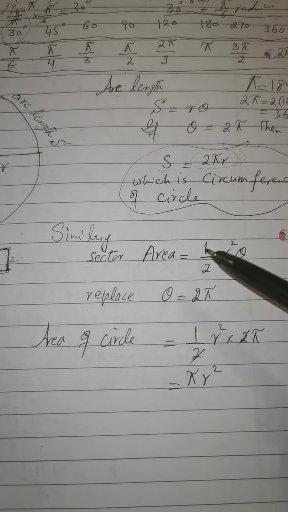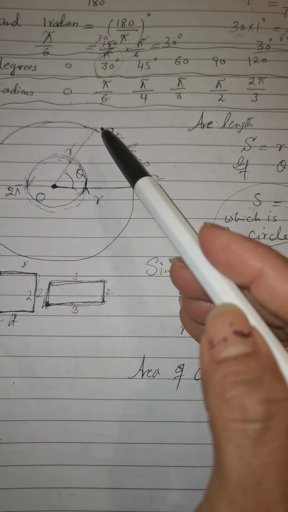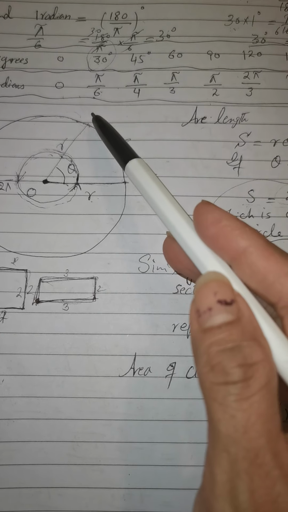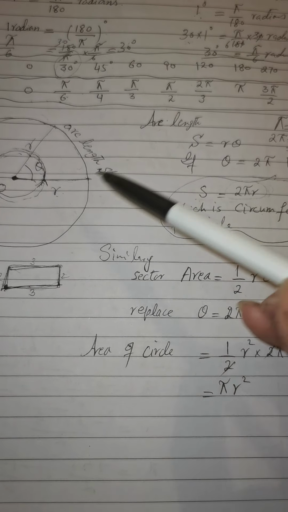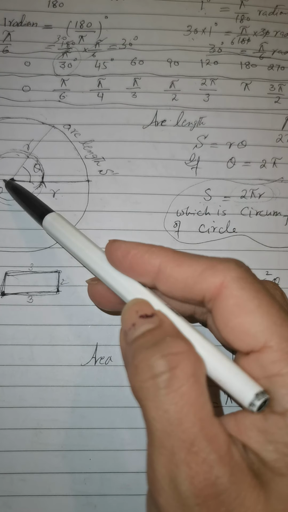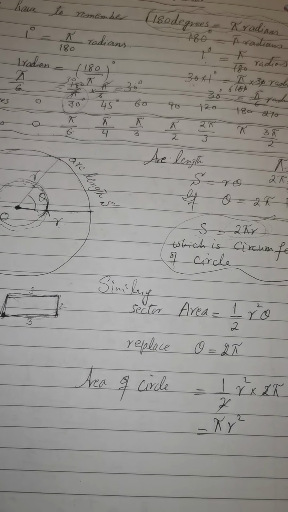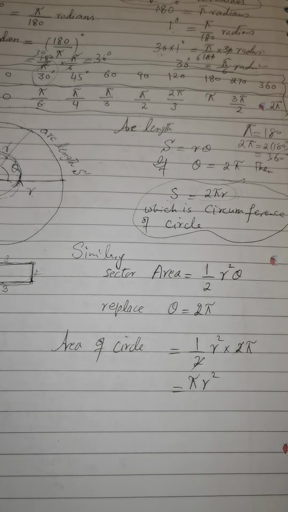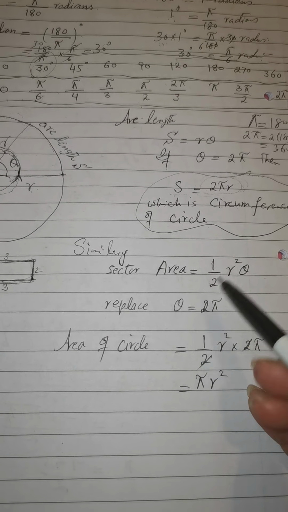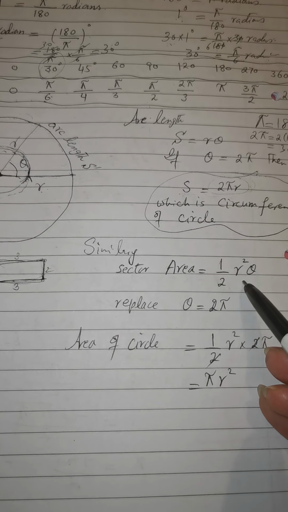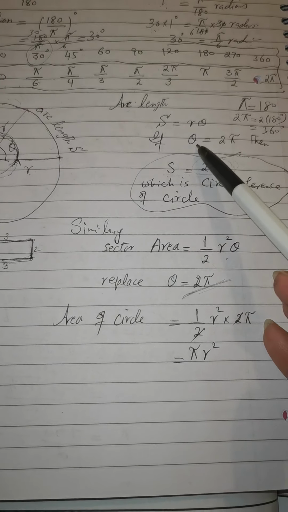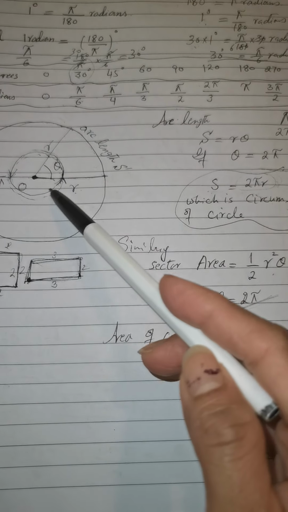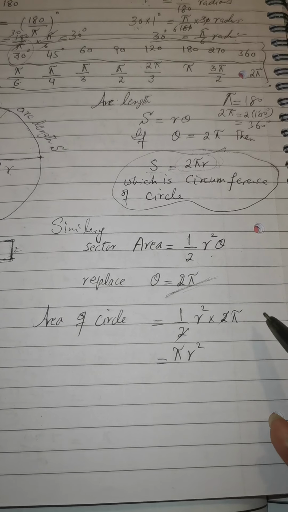Next, we have learned about sector area. If we want to find the sector area, then you know half r square theta is the sector area. But if I replace theta by 2 pi, I have discussed here that theta is equal to 2 pi, the whole rotation, one rotation.